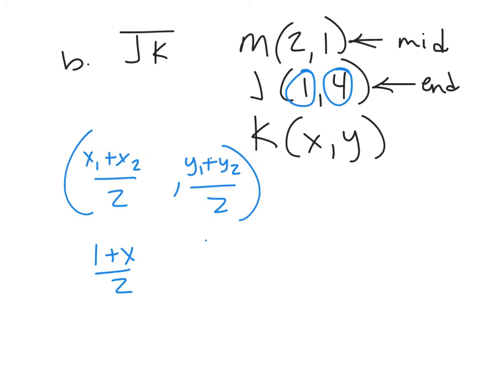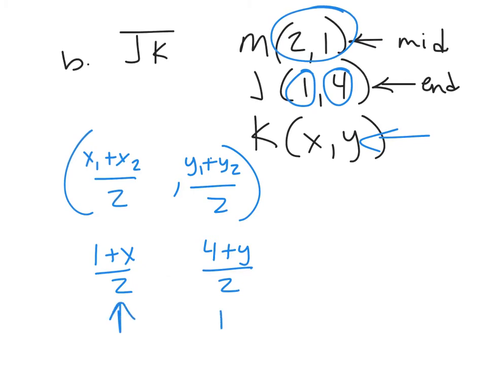And then 4 plus y, we don't know, over 2. But what do I do with the midpoint? That's the answer to each of these problems, right? So I could say this whole section equals 2, because that's the x's, and this whole section equals 1, because that's the y's. Once I have an equation, I can solve for the missing x.